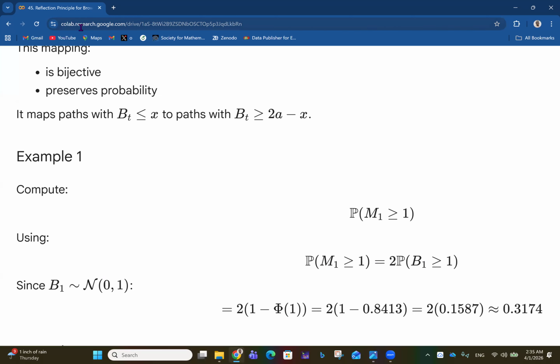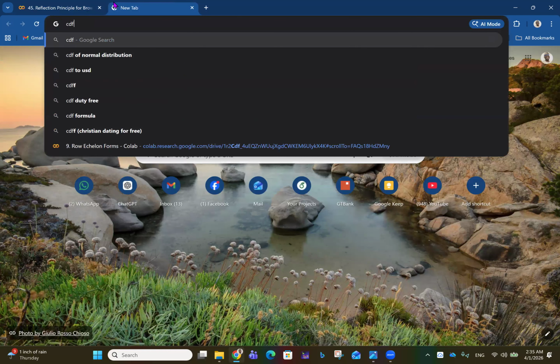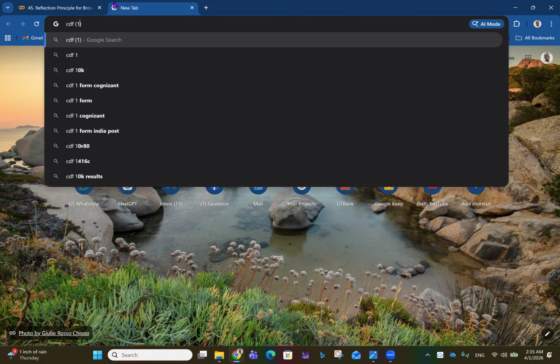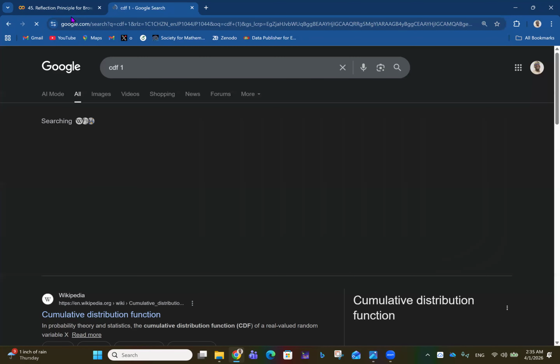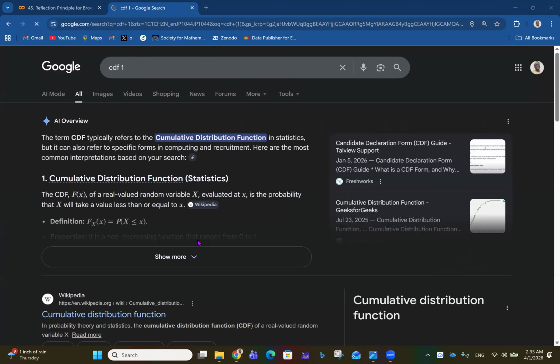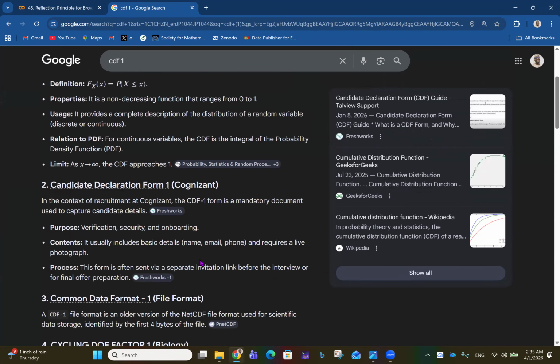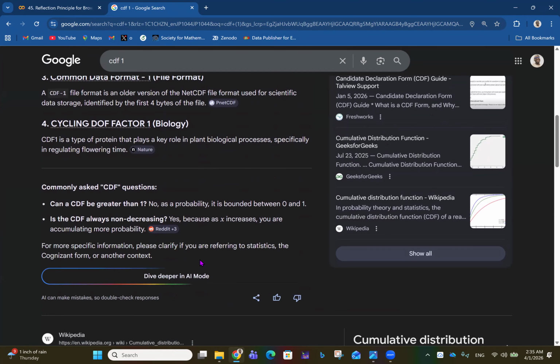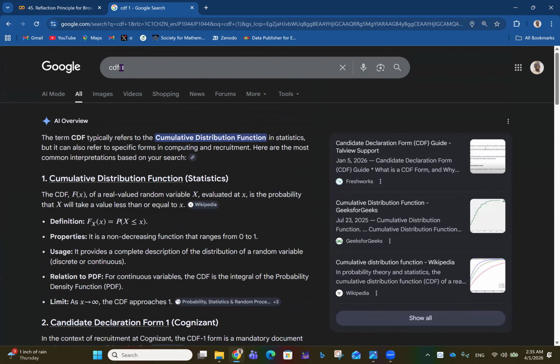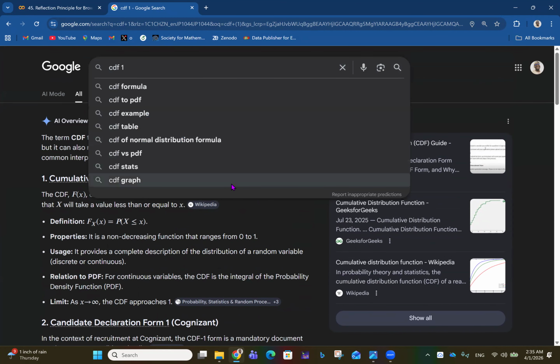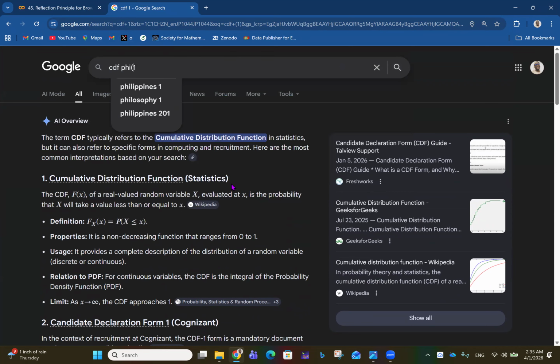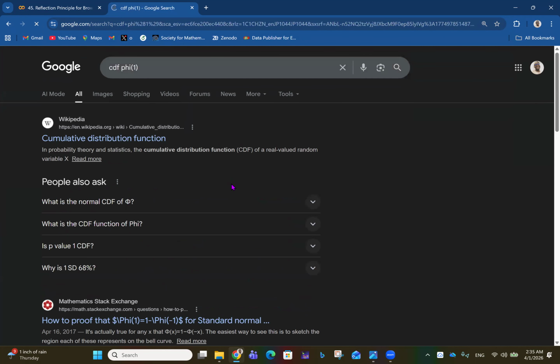Now for phi of 1, you can do the CDF of 1. Let me see if that works.